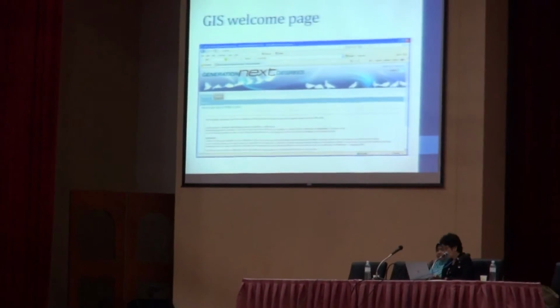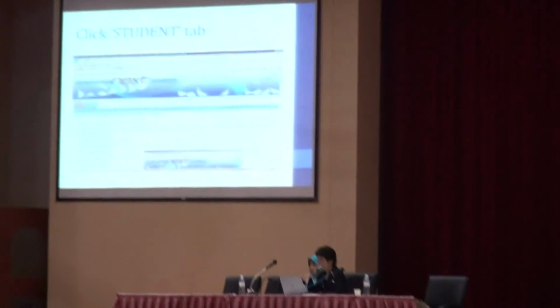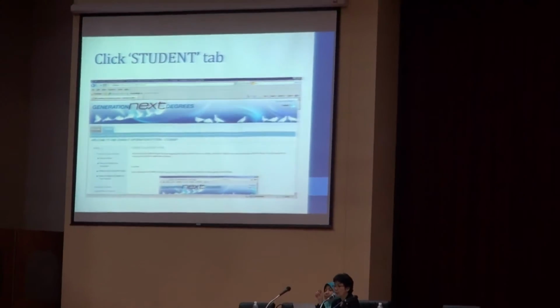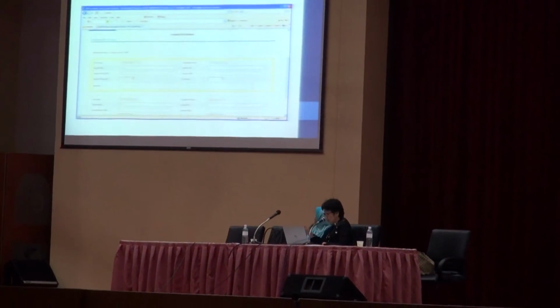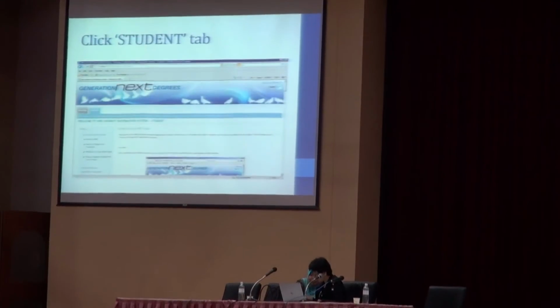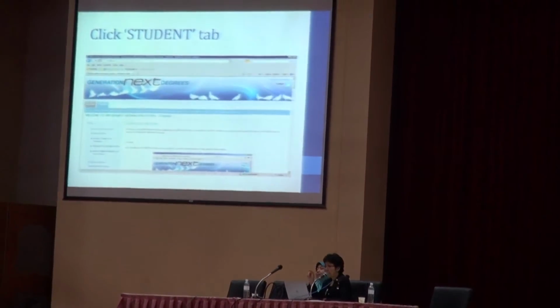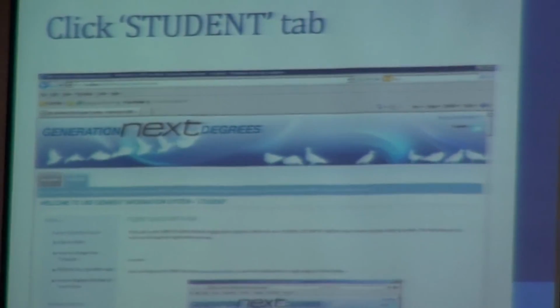Now, for you to register, you have to click on Student. If you click on Student at this moment, you will see at the top of the menu bar a place for you to view your enrollment. This is actually looking at your own personal details.